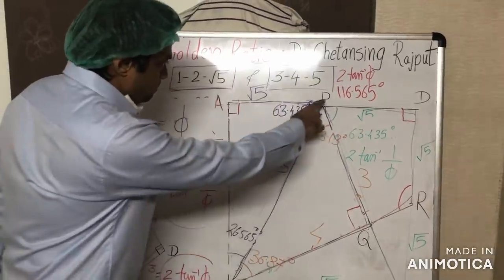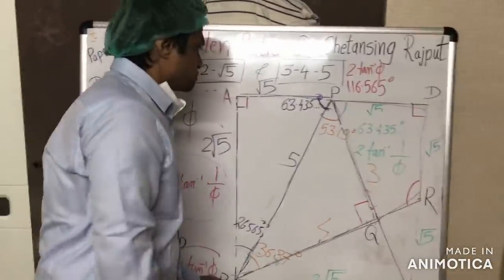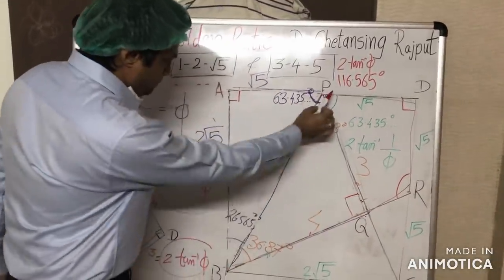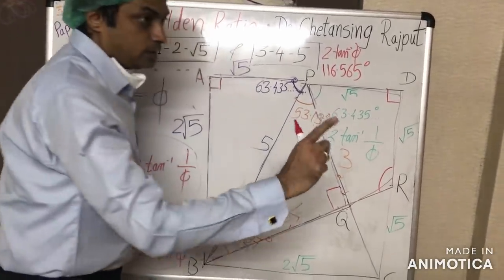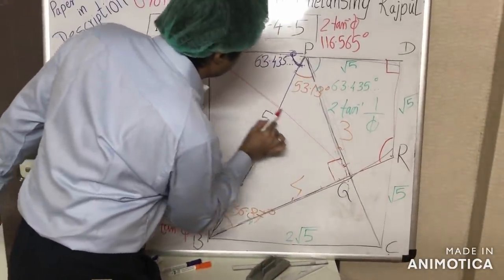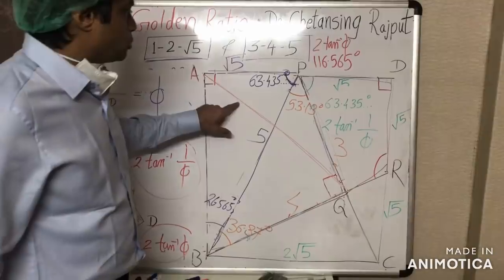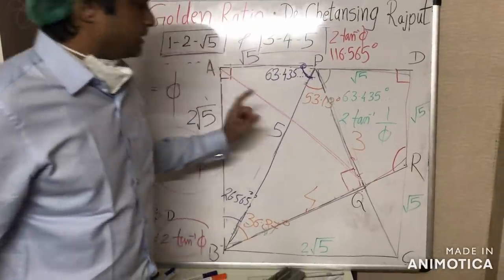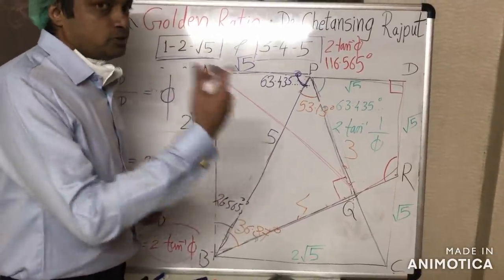In this quadrilateral, PB is the diagonal, the first diagonal, which is the common hypotenuse of these two triangles. Now if we introduce the second diagonal AQ like this, it is observed that this second diagonal AQ divides the right angle in each triangle into the smaller angles of its complementary triangle.